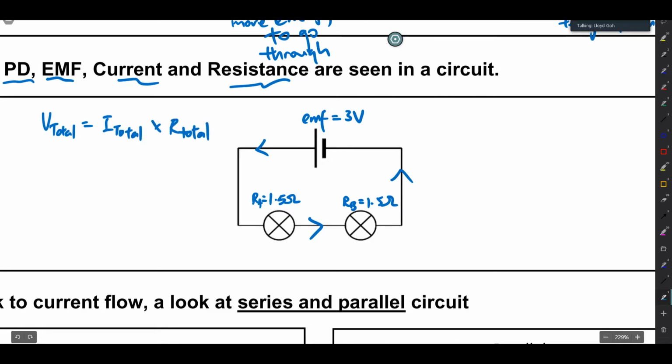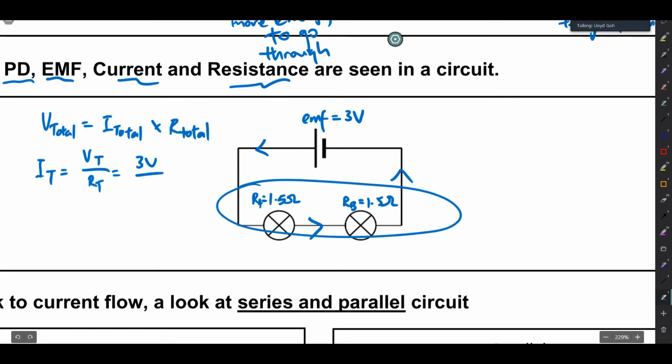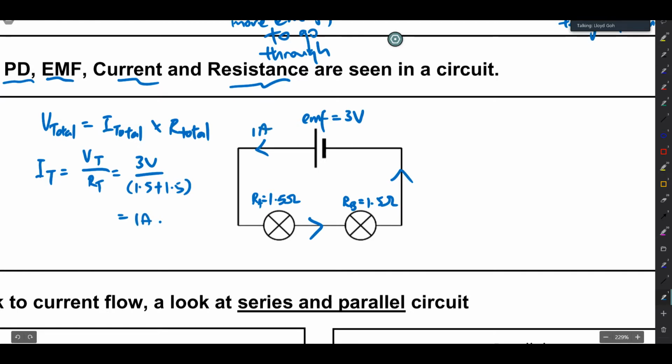If you want to find the current in this circuit, I_T equals V_T over R_T, which is 3 over 1.5 plus 1.5. The R total you can just add up, 1.5 plus 1.5. So this is just 1 ampere. The current here will be 1 ampere.